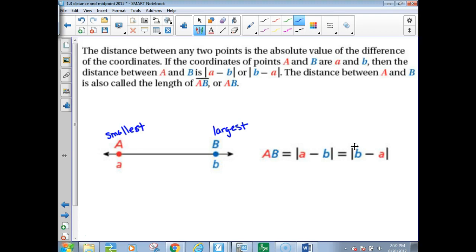So if you want to avoid all this absolute value stuff, all you have to do is take the max, the largest number, minus the min. Max minus min. I brought that up the other day, and you'll find the distance. So it's subtracting to find distance is what you need to do.